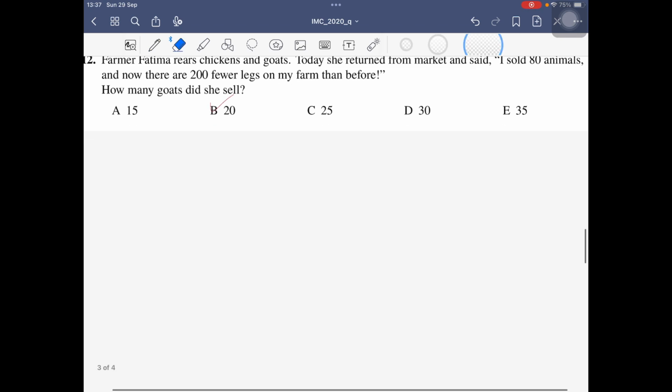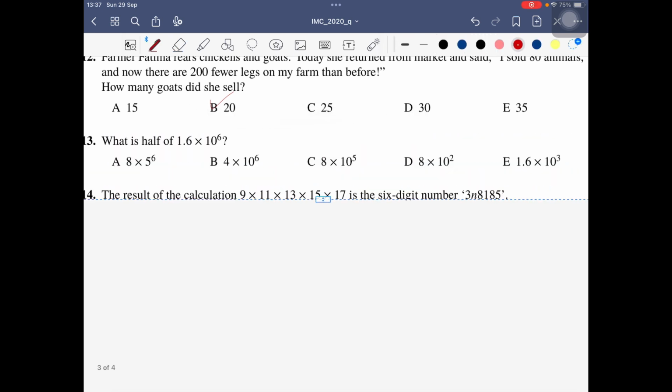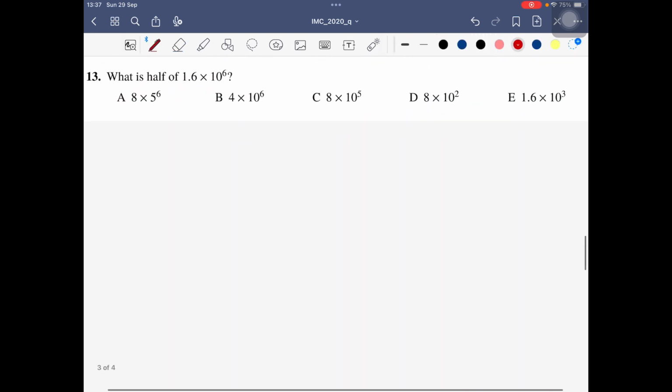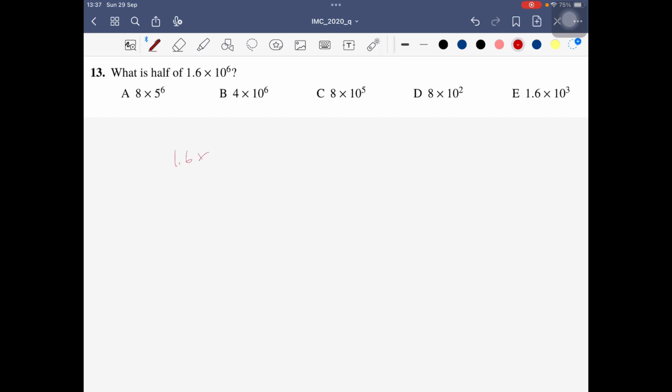And the 13. Half of 1.6 times 10 to the power of 6. If this were 1.6 plus 10 to the power of 6, for example, then you need to do this calculation: 0.8 plus 10 to the power of 6 over 2, like you need to apply divide by 2 to each number.